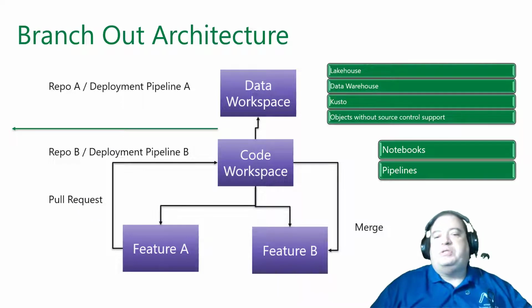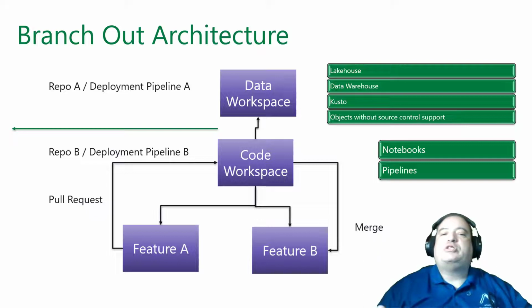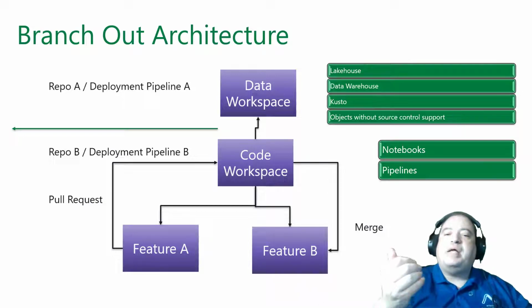For feature B, the developer had not finished the implementation, so when the developer finishes the implementation, he needs to make a merge from the code workspace to the feature B workspace. So a merge is needed in this situation.